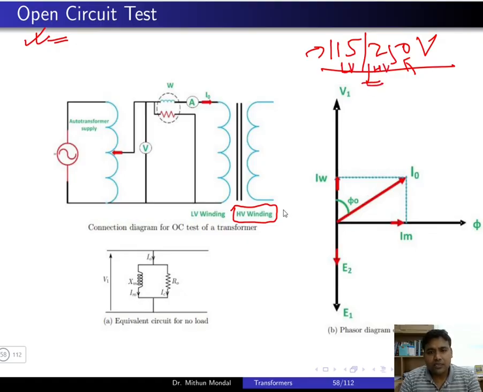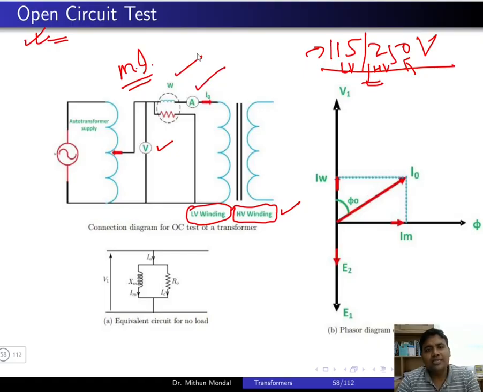So here the high voltage winding will be kept open, and all the measuring instruments will be connected to the low voltage winding. Only three measuring instruments are connected: a voltmeter to measure the voltage, an ammeter to measure the current, and a wattmeter to measure the power.